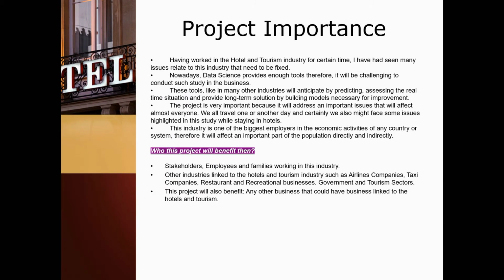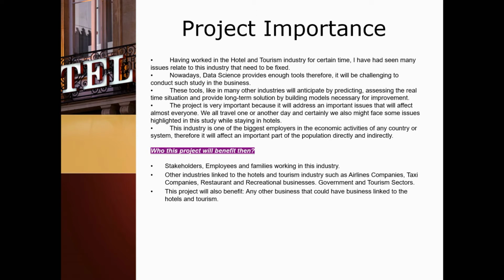So why is that important? I worked for several years in the hotels and tourism industry and have seen many issues that need to be fixed. Like in many other industries, data analytics provides tools that could help to handle real-time issues by building strong and reliable applications based on data and observation, and also to provide easy management tools for the business holder and the customer.